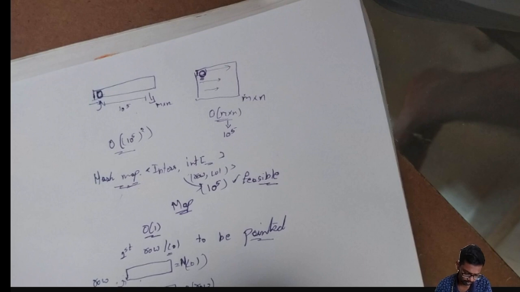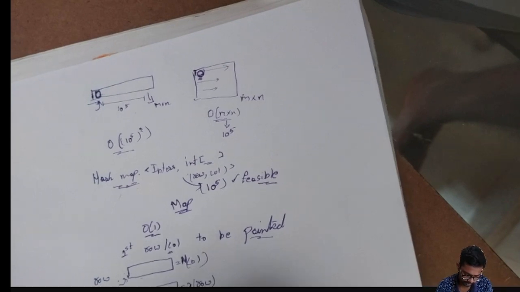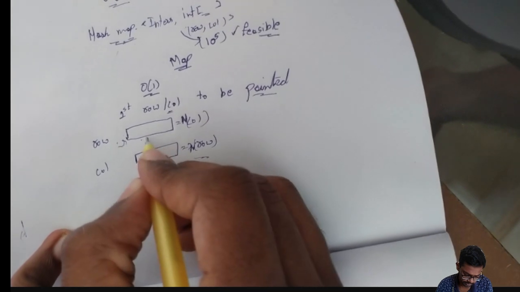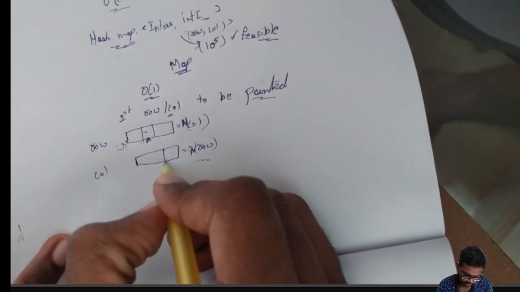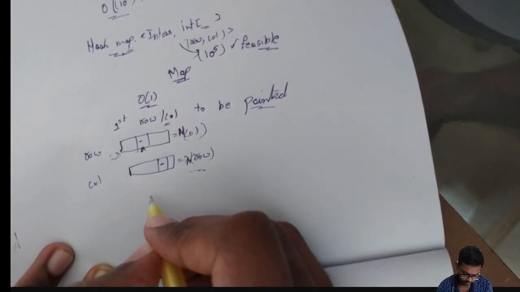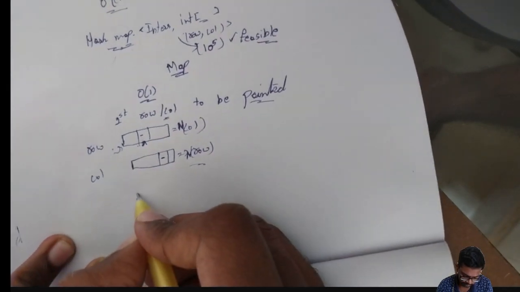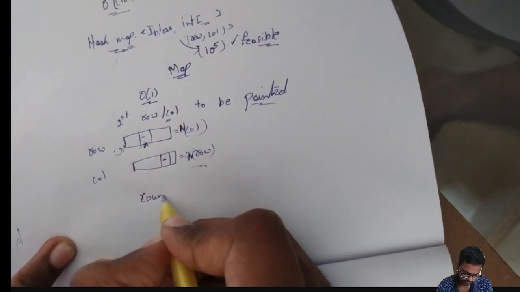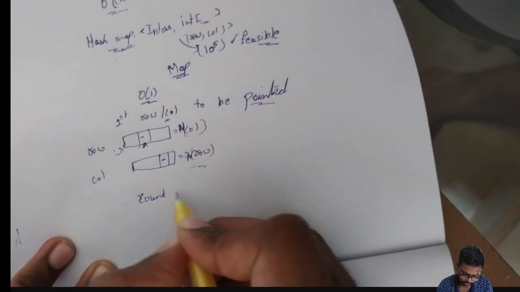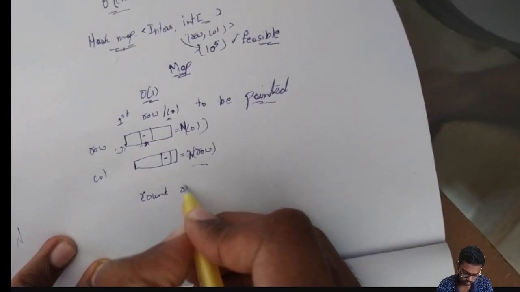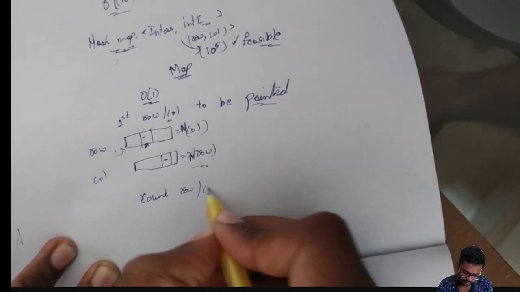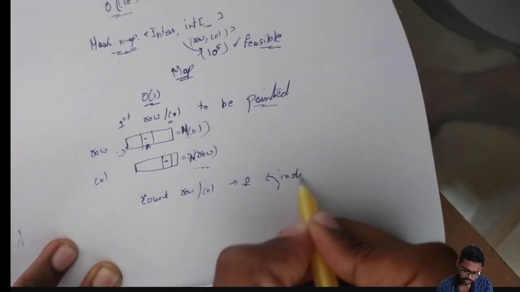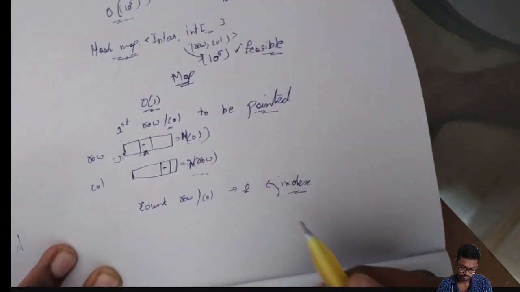Now, whenever we are at a row, we decrement its count, and whenever we reach a column, we decrement its count. And whenever the count at a particular row or column reaches zero, we return that index. This is the intuition of our code.